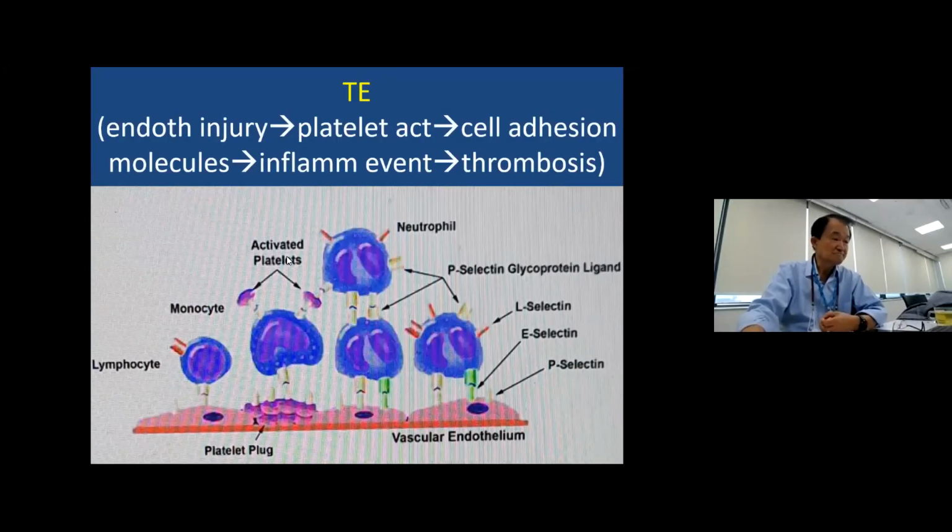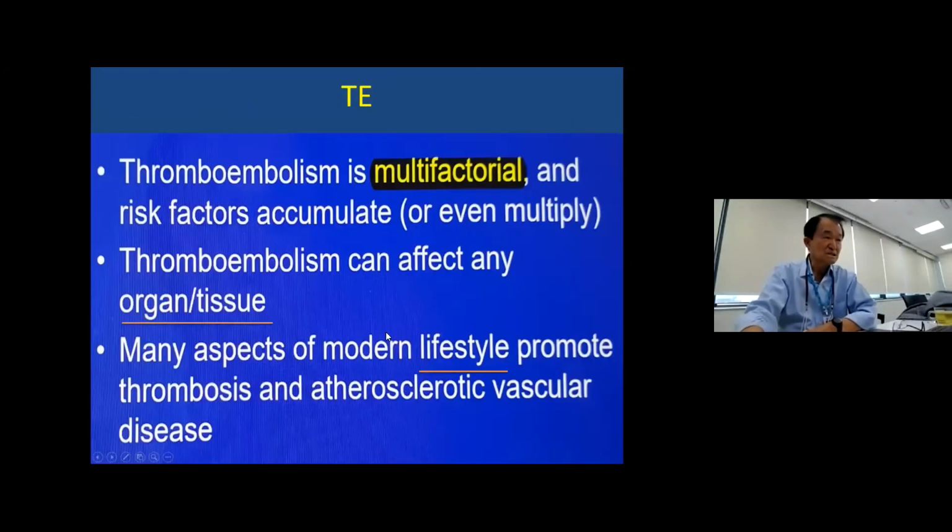Okay, so as you see here, if we have a certain vascular injury, then platelets accumulate and attach to the endothelial wall, and then that has to be activated by all this kind of glycoprotein, and then they make a thrombosis.